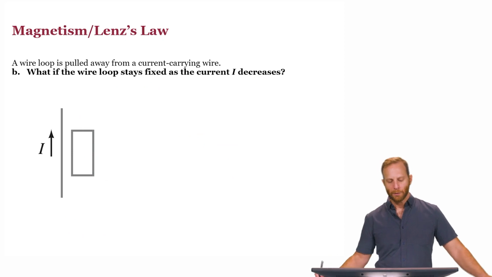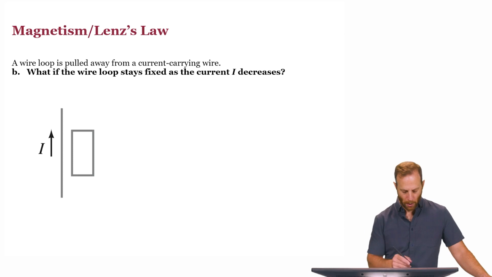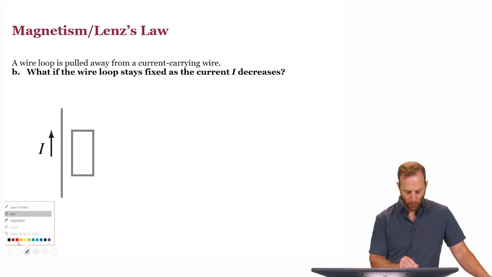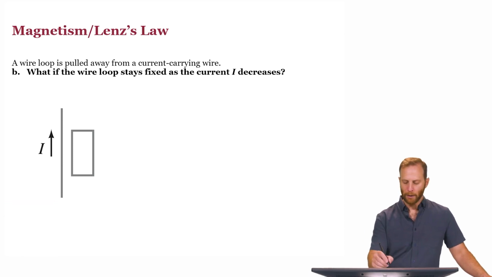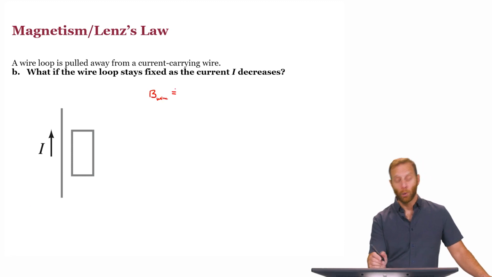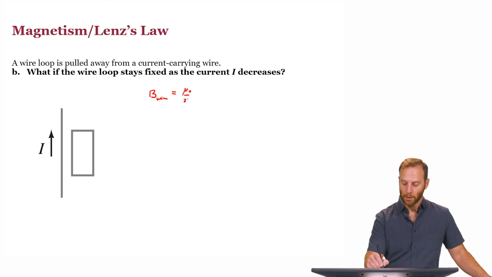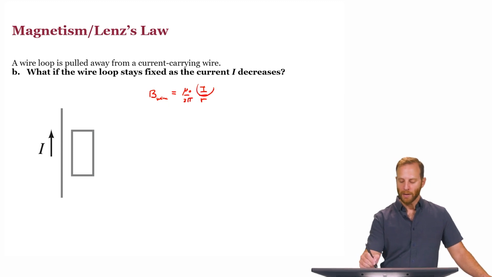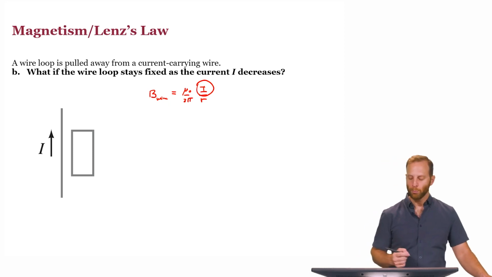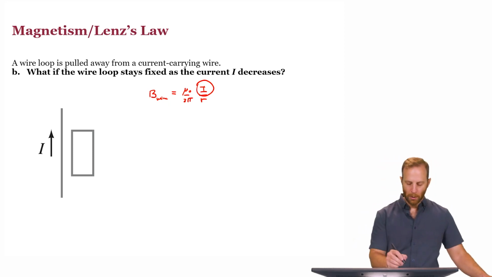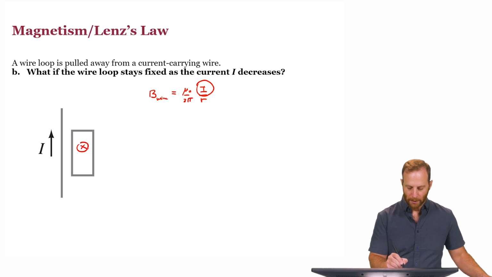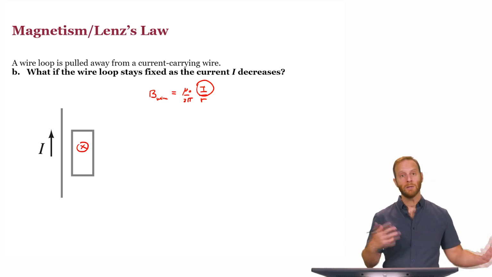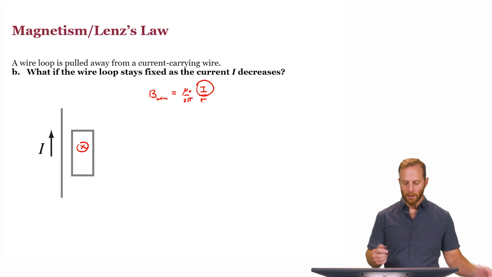Part B, what if the wire loop stays fixed as the current decreases? Well, remember that whatever the current is in this wire, the magnetic field due to this long wire is proportional to that current. In fact, that formula, mu naught over 2 pi times I over R, the point is that the magnetic field strength grows in proportion to I. And so the present magnetic field and present magnetic flux is, again, in this scenario, going to decrease.